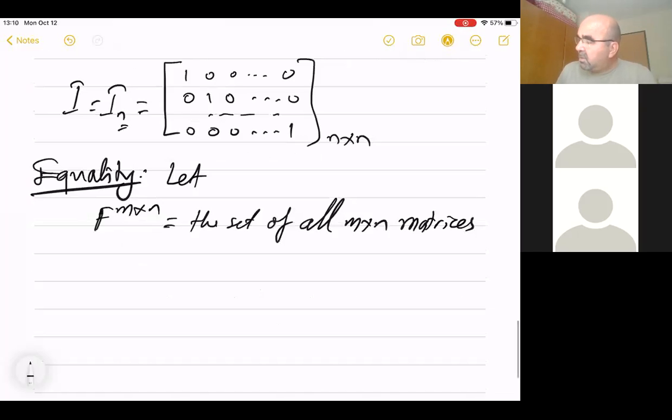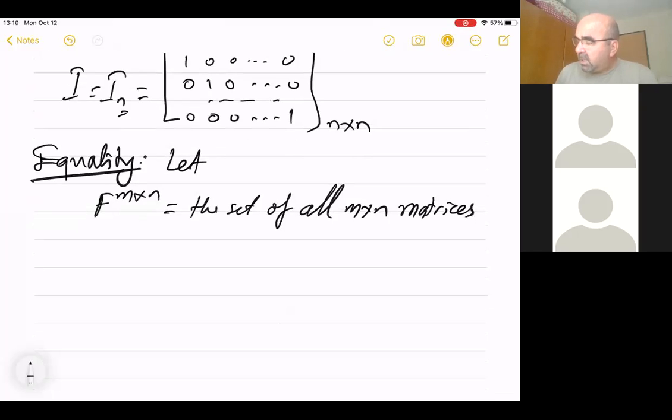Namely, these are all functions into F from the set we just defined above.